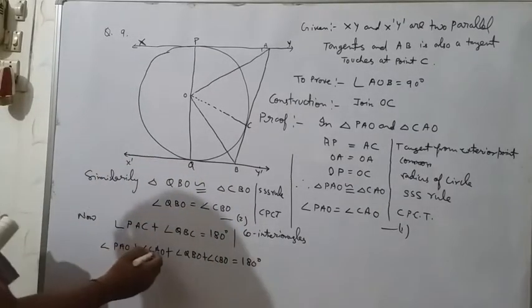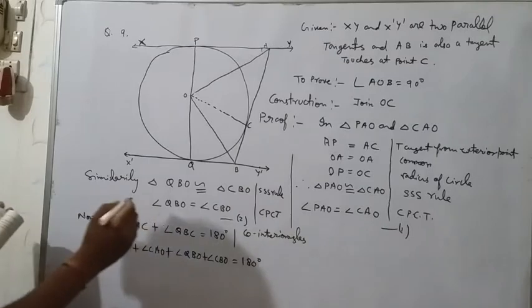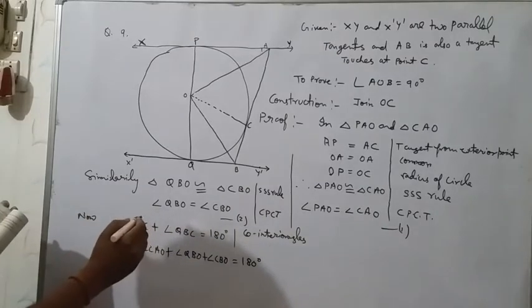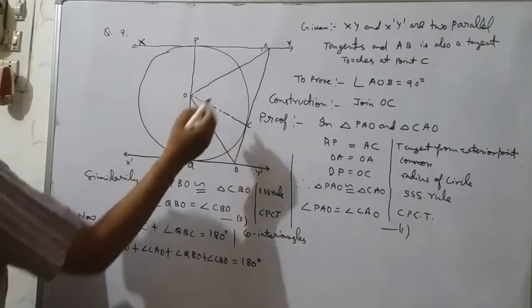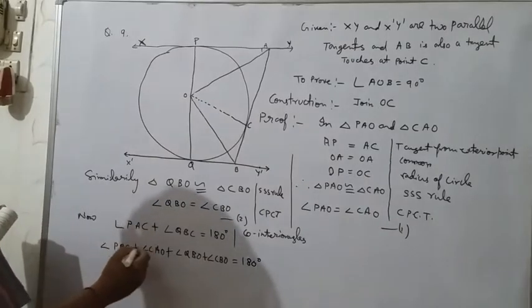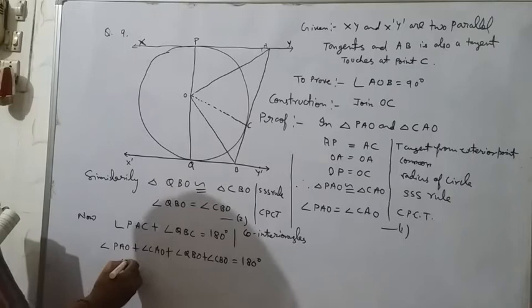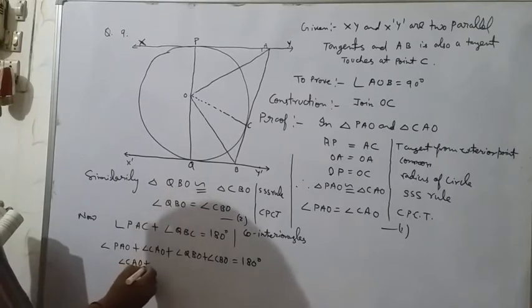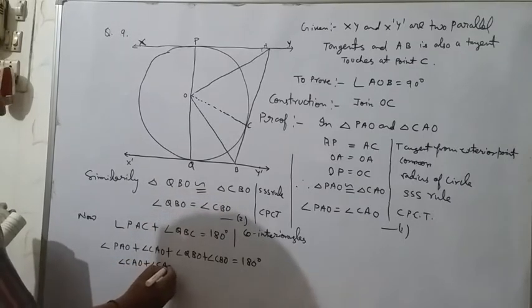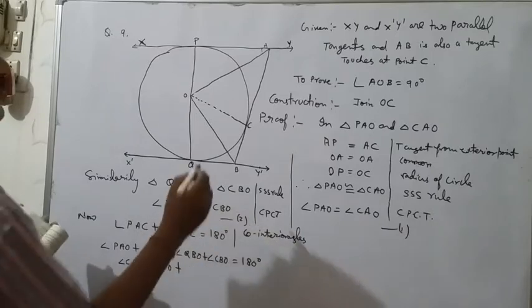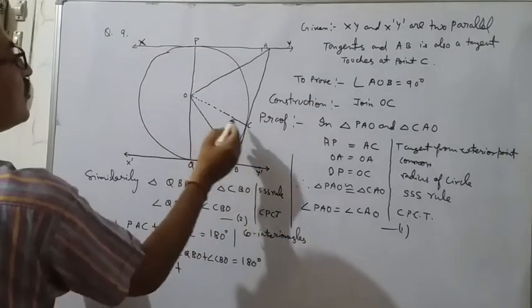Now PAO and CAO are equal, so therefore in place of PAO we can write angle CAO plus angle CAO, and angle QBO is equal to what? Angle CBO.